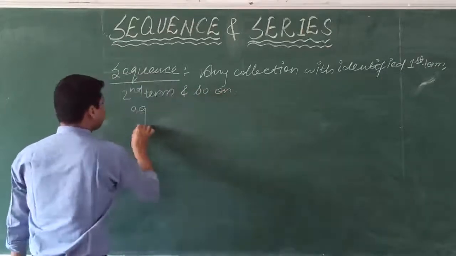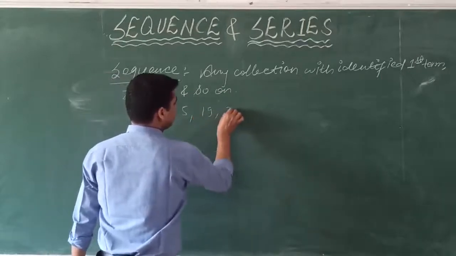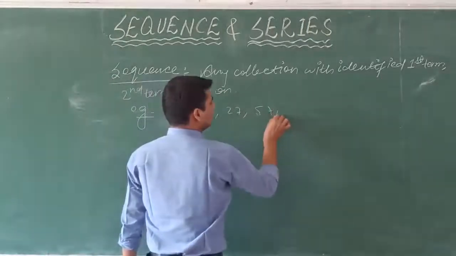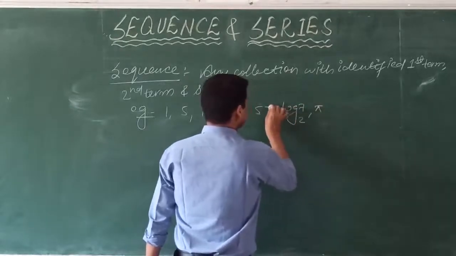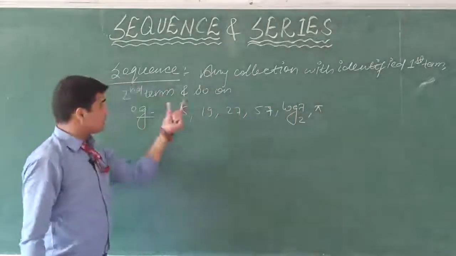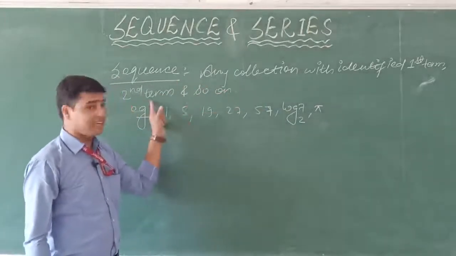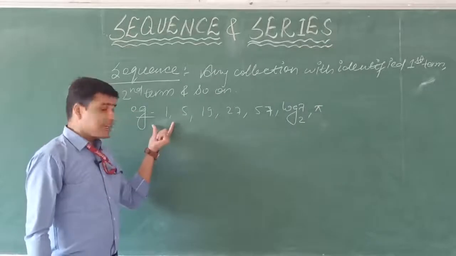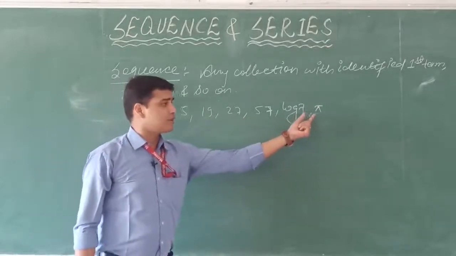For example, 1, 5, 19, 27, 57, log 7 to the base 2, pi. So what is the meaning of this? Sequence is any collection with identified first term, second term, and so on. I am taking here the example 1, 5, 19, 27, 57, log 7 to the base 2, pi.